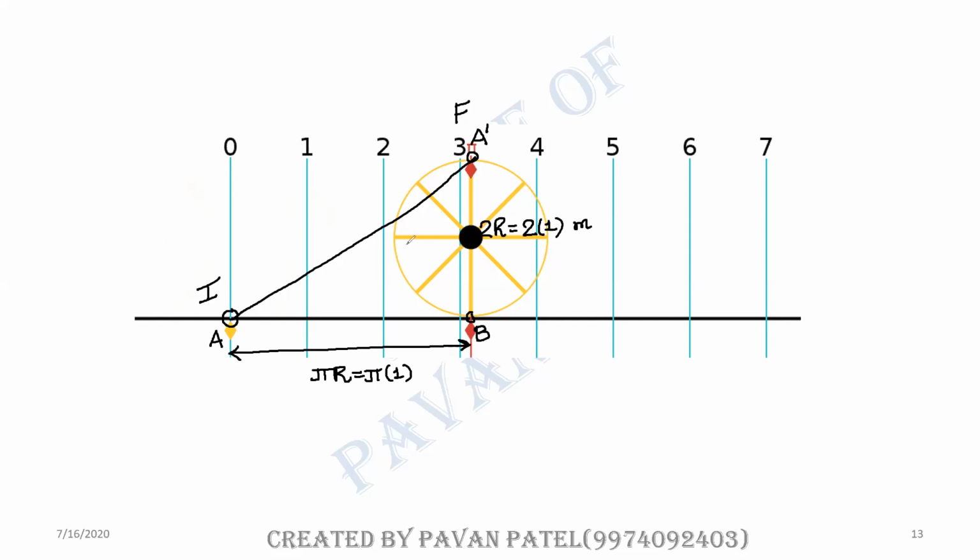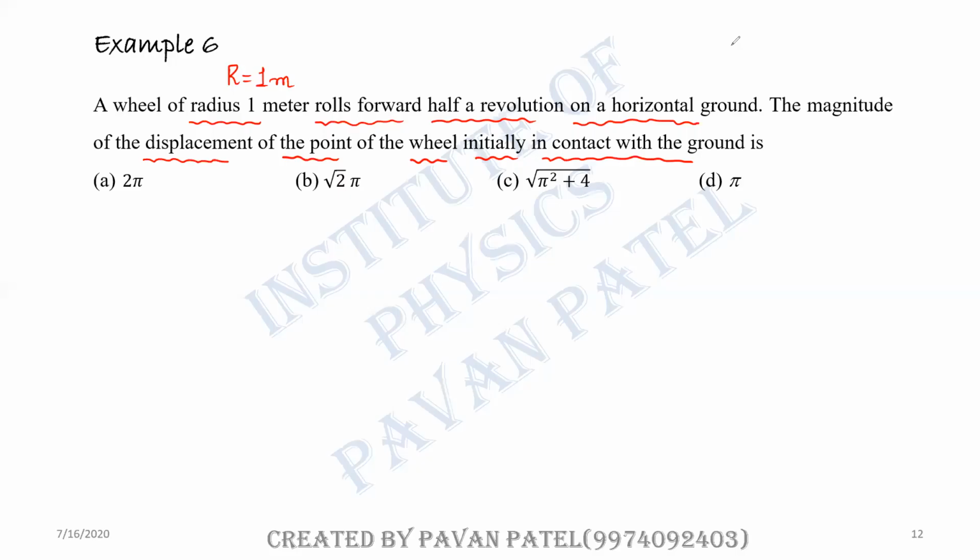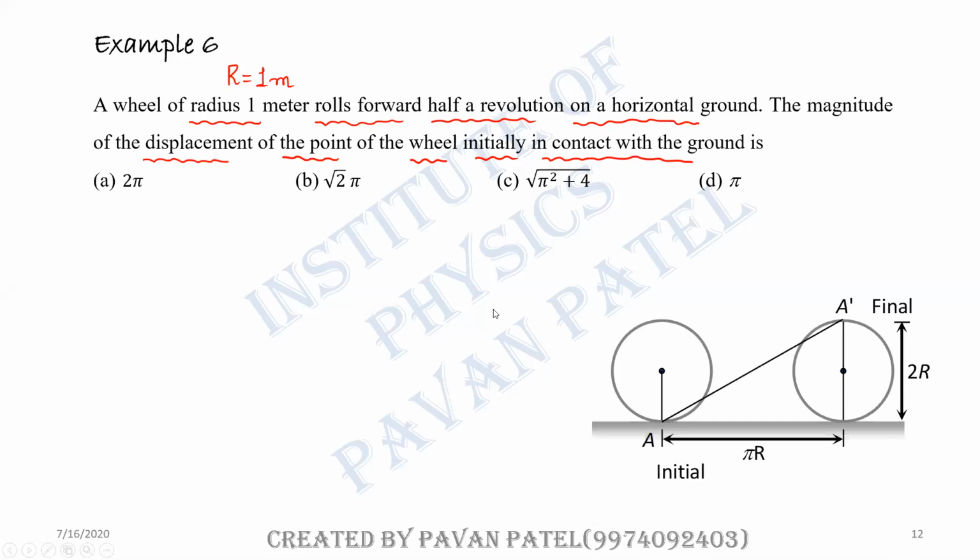Now going back to the original problem. In the original problem, the figure will be something like this. Point A is initially touching the ground, the point of the wheel initially in contact with the ground.